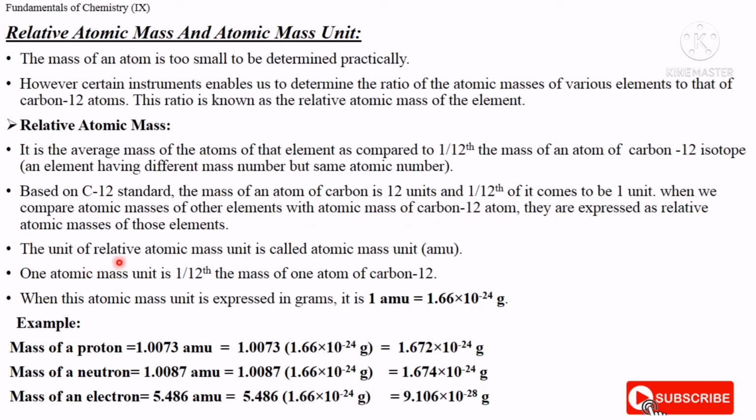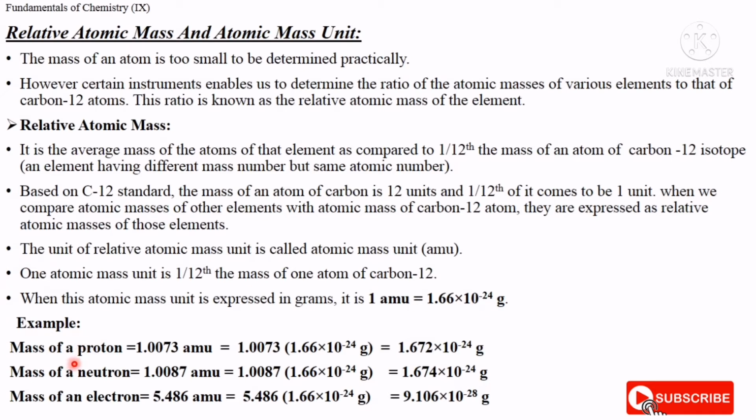The unit of relative atomic mass is called atomic mass unit. One atomic mass unit is 1/12th the mass of one atom of carbon 12. When the atomic mass unit is expressed in grams, 1 AMU is equal to 1.66 into 10 raised to power minus 24 gram.